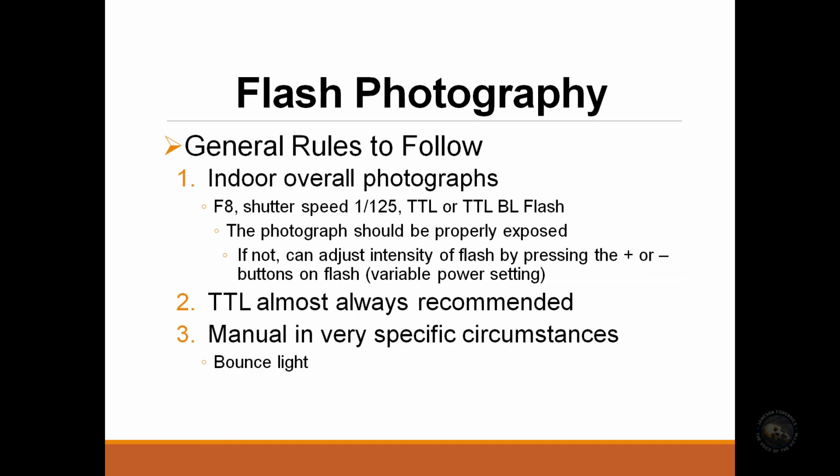There are some general rules. For indoor overall photographs, I usually use f/8. The shutter speed is like 1/125. I use TTL, because it's usually always recommended. The photograph should be properly exposed, and if not, you can use the plus or minus on the flash itself.